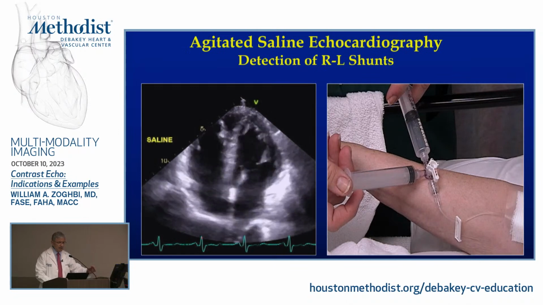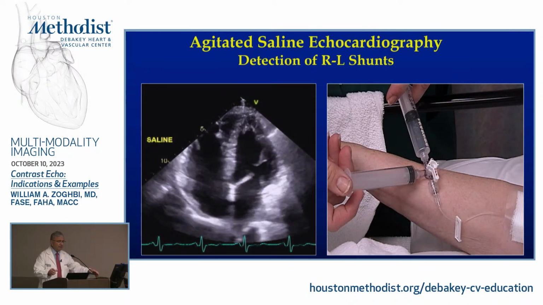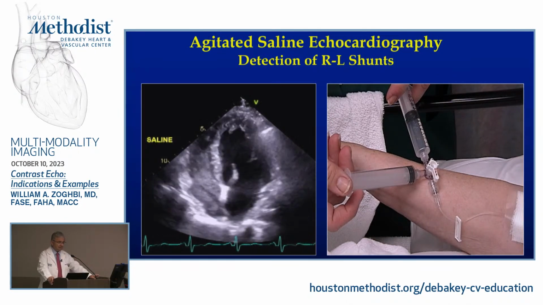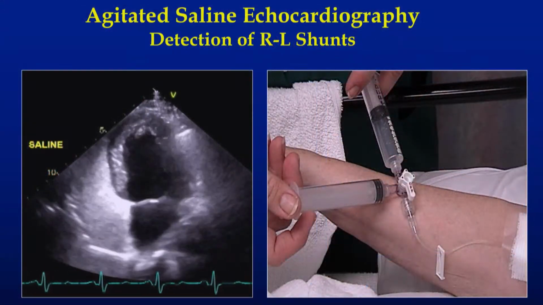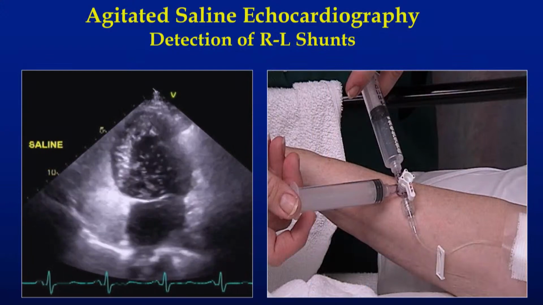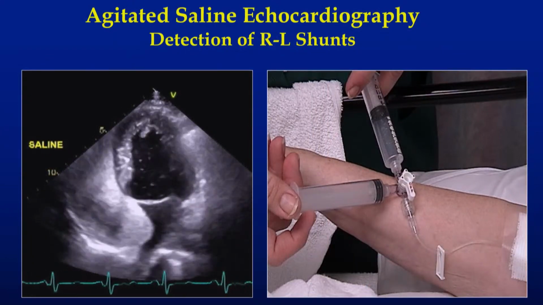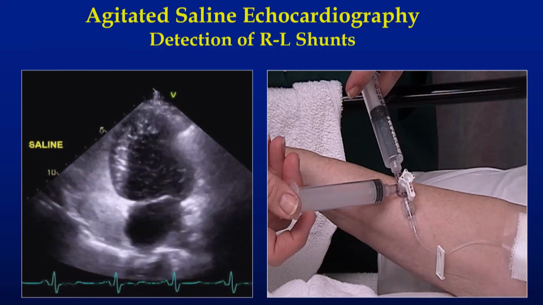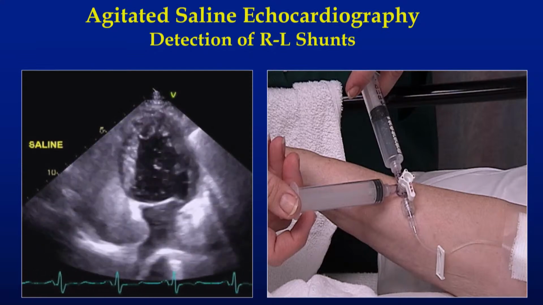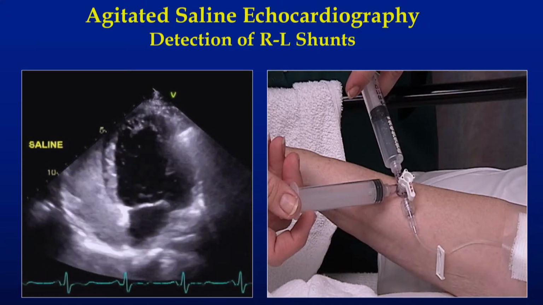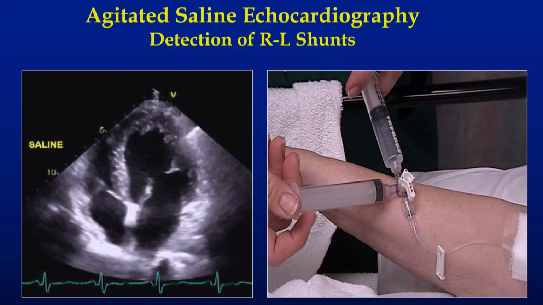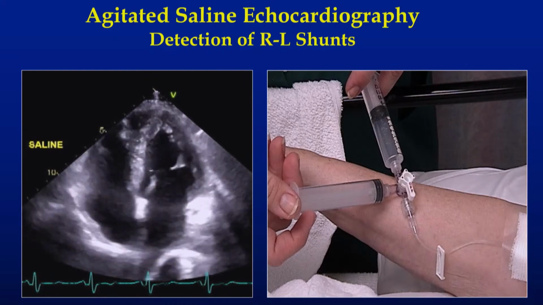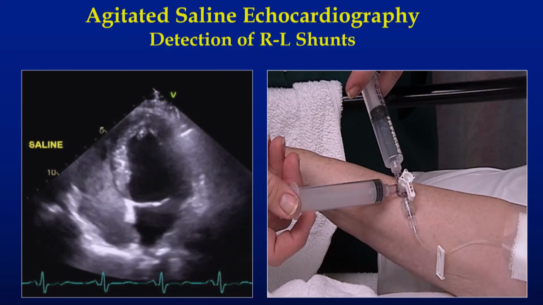To start with, we've used for many, many years agitated saline to look at shunting within the cardiac chambers or within the pulmonary circulation. And part of the reason that it is important and it has significant impact is because these bubbles are relatively larger.